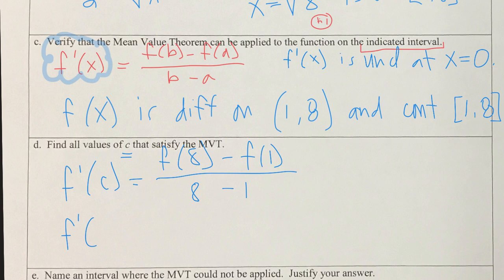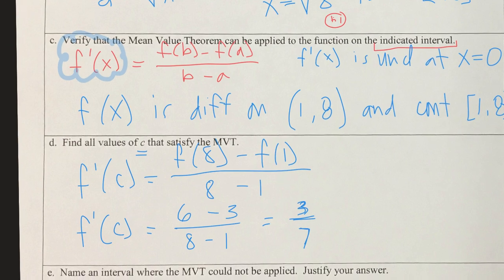Sorry, f prime of c, not x, equals f of 8, which is 6, minus f of 1, which was 3, over 8 minus 1, which is 3 over 7. So we're looking for a place where the derivative is 3 over 7.